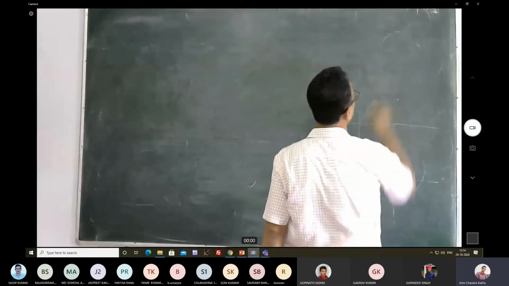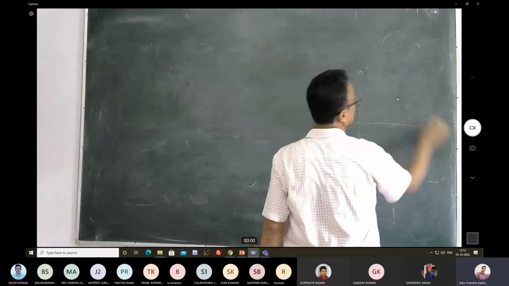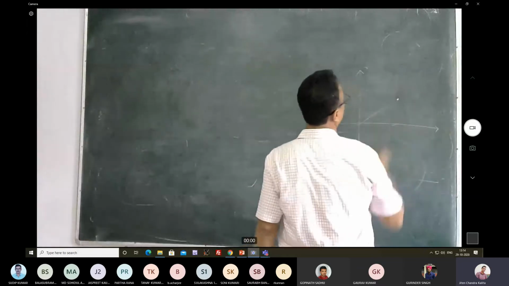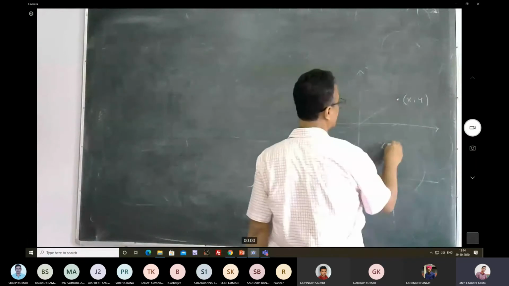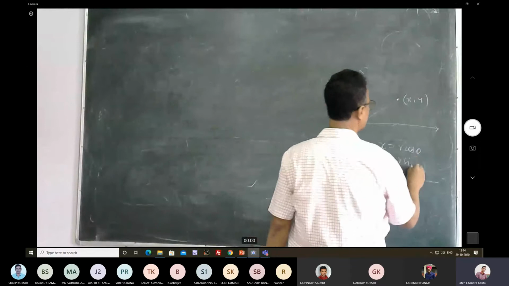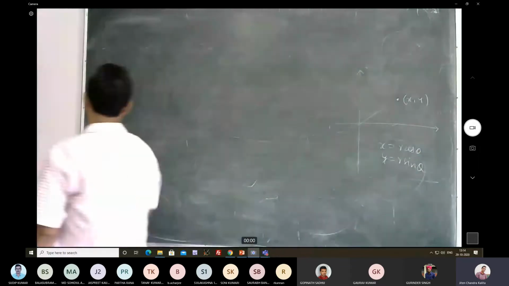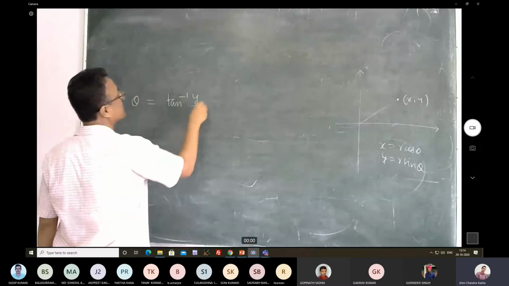So, how has Simmons done that? See, if you consider any point in the xy plane, then in polar coordinates, simply x equals r cos theta, y equals r sin theta, right? So your theta is tan inverse y by x.